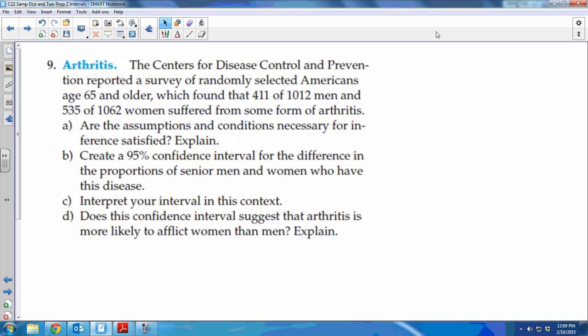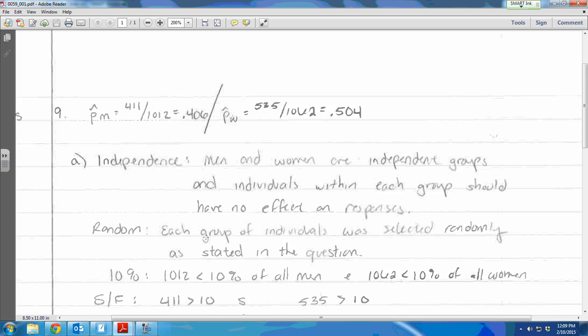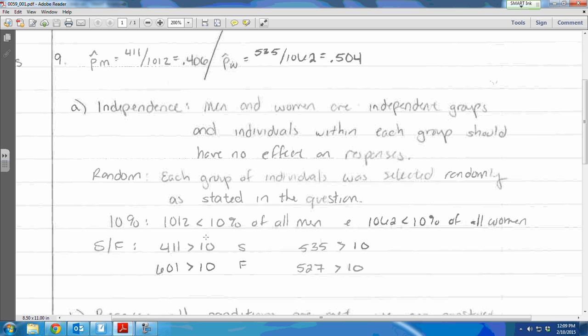Okay, so you have to go through and talk about it. So you guys know them, so I'm just going to write it out here. There we go. Independence. Remember, we have to have independent groups, so I just started with that. Men and women are independent groups here. They shouldn't have any effect on each other. No, this one's pretty obvious.